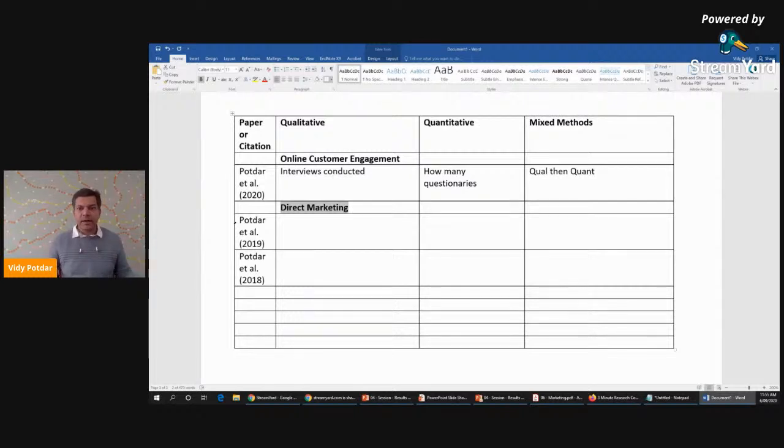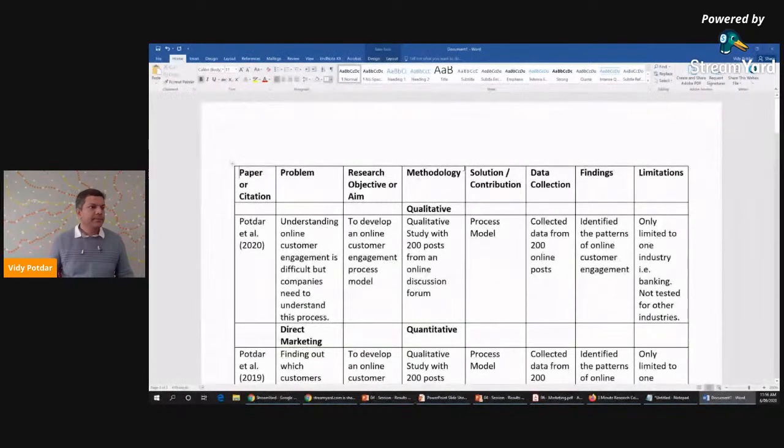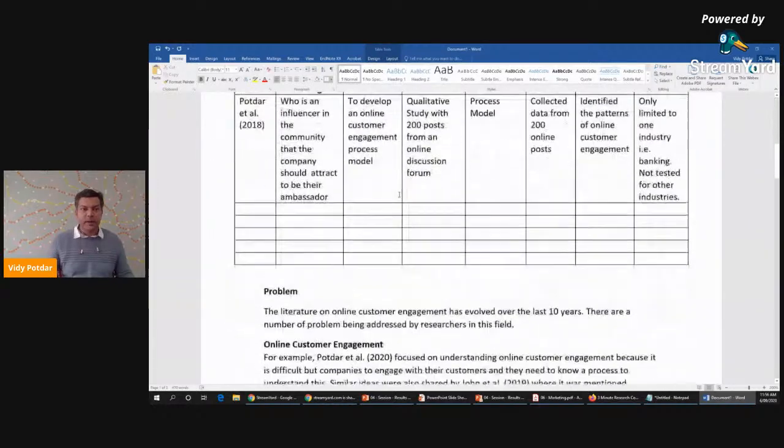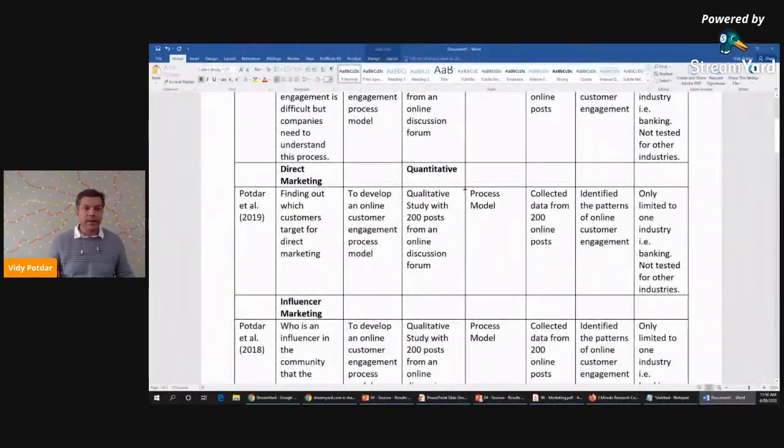So this is another use of making a table. Similarly, you could do a table for the data collection, for the findings, for limitations and future work. So a lot of table ideas can come out by just doing this one big table.